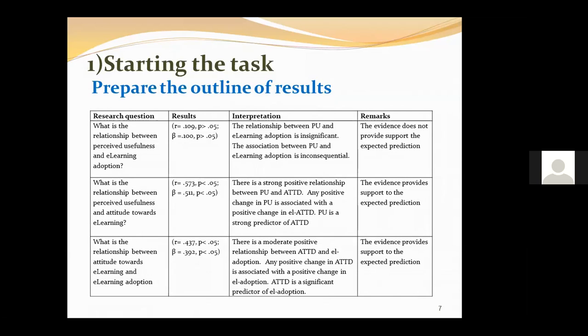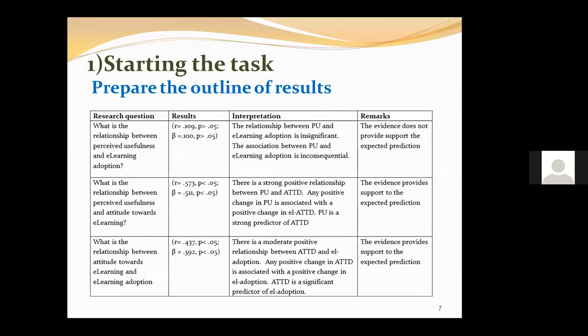The evidence does not provide support for expected prediction. So that is your summary, okay? Then you'll be able to discuss why is it that your findings do not provide evidence for the expected prediction. Okay? If you stop at interpretation, you are bound to reproduce your results and then say that you have discussed.